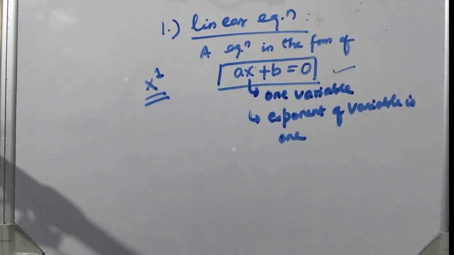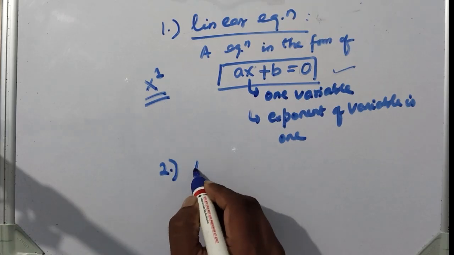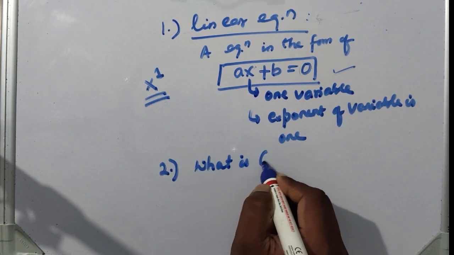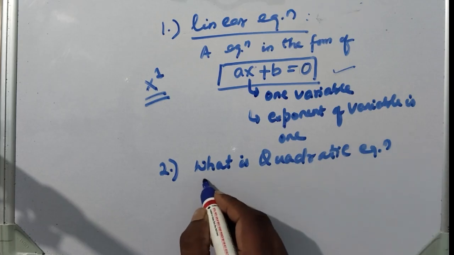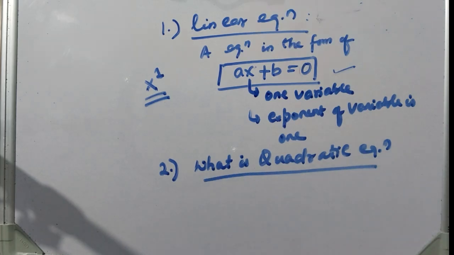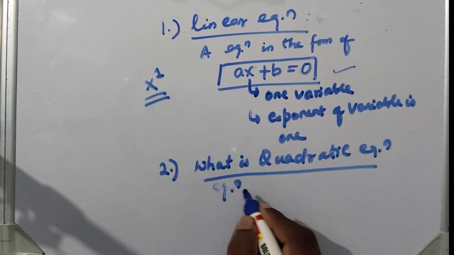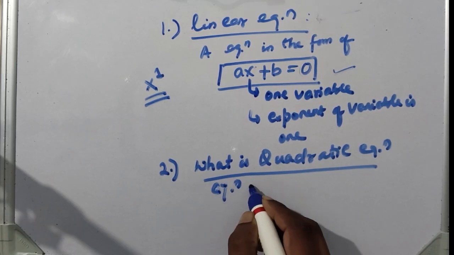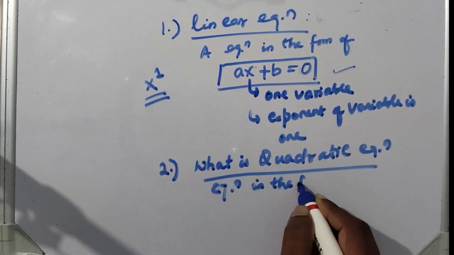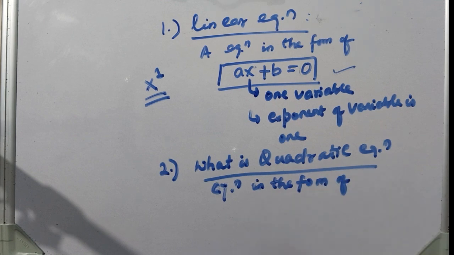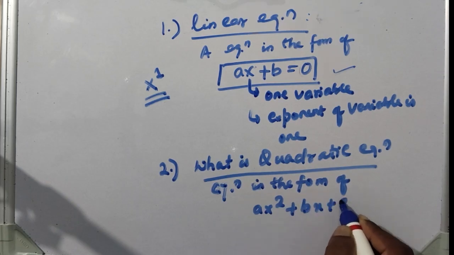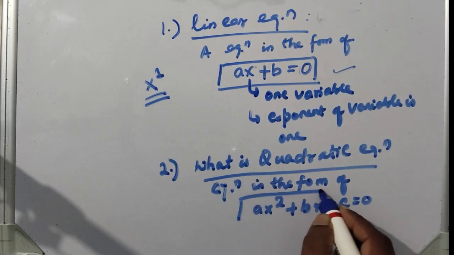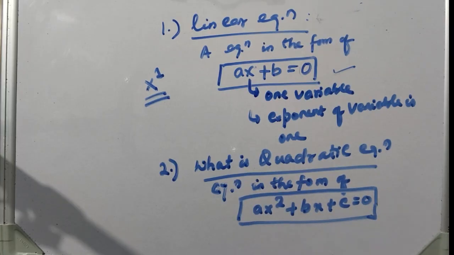Second, what is a quadratic equation? An equation in the form of ax square plus bx plus c equal to 0 is called a quadratic equation.